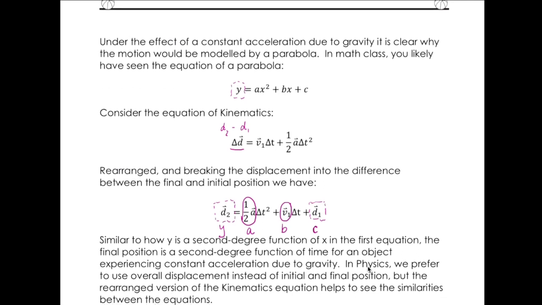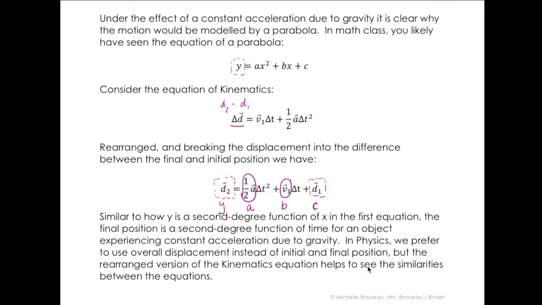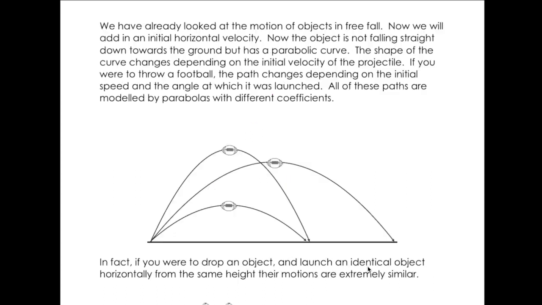Generally in physics we don't break up the final displacement and initial displacement, but it helps us see how the formula that you normally see in math class is identical to the ones that we're using here. We've already looked at the motion of freefall objects.